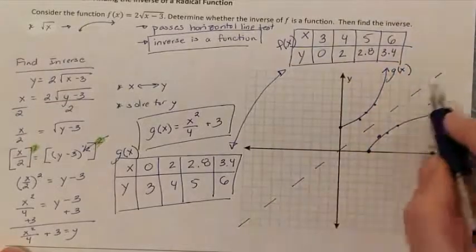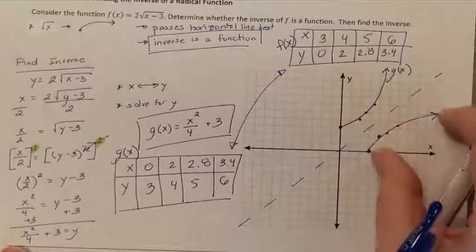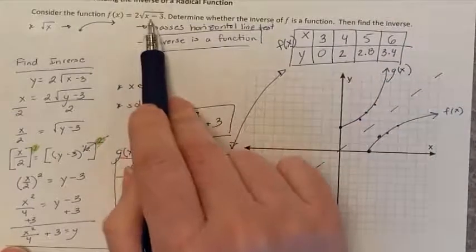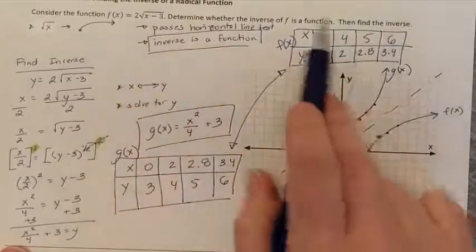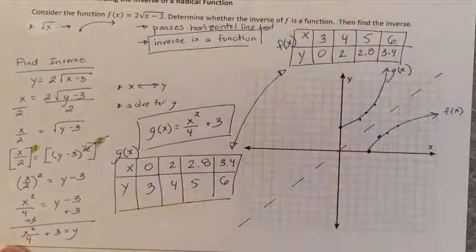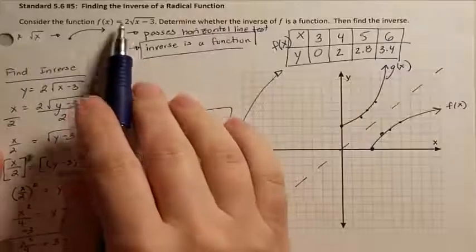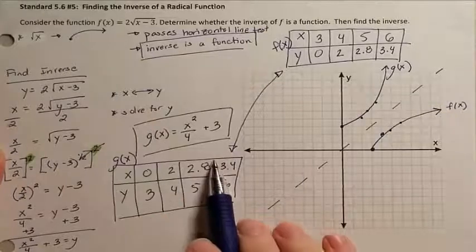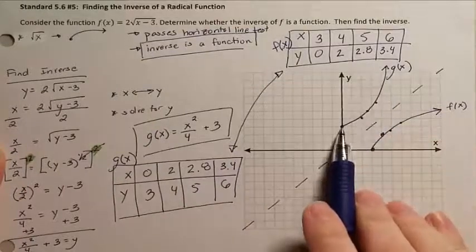If I were to fold it along this line, they would land exactly on each other. We found the square root function, and then switched the x and the y to find the inverse. Since our original f of x had a restricted domain, our inverse g of x also has to have a restricted domain.